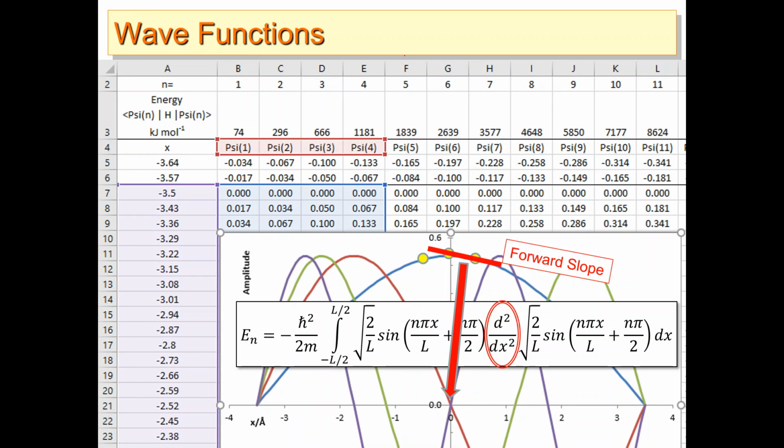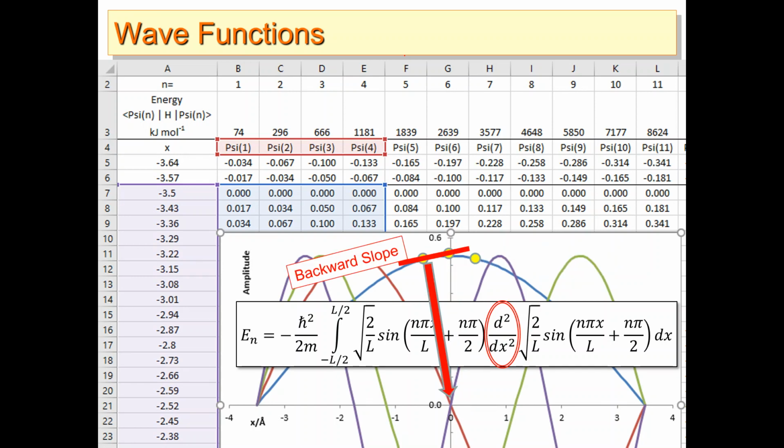That's a problem, especially for symmetry. If we want zeros to show up where they're supposed to be, things to cancel out the way they're supposed to cancel out, forward derivatives are going to give us an error. You're actually putting a negative slope right here at 0 where it's not negative. The slope there is 0. Or we could look behind us. We could say, what was the last data point?